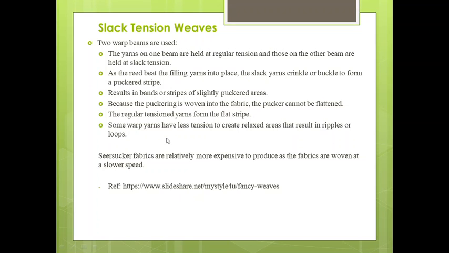So the tension setting is very important. According to the choice of yarn, the tension has to be set so that it produces the desired product. Seersucker fabrics are relatively more expensive to produce as they are woven at slower speed.